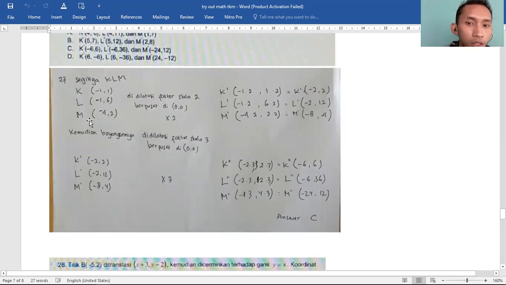Because from the beginning, after we expand it to 2, it's equal with this one. So from this one, we expand it to 3. So all of this, we multiply by 3. So -2 becomes -6. 2 becomes 6 until this part. Okay.